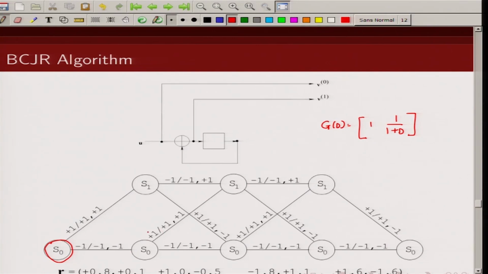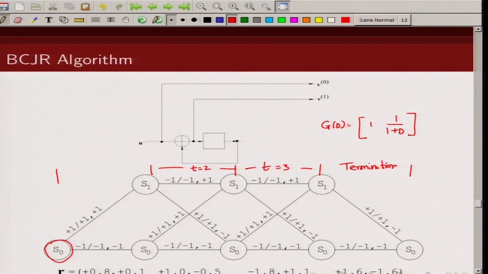This is the first time instance, this is t equal to 2, this is t equal to 3, and then after this I am terminating the encoder back to the all 0 state. So, this is the termination phase.